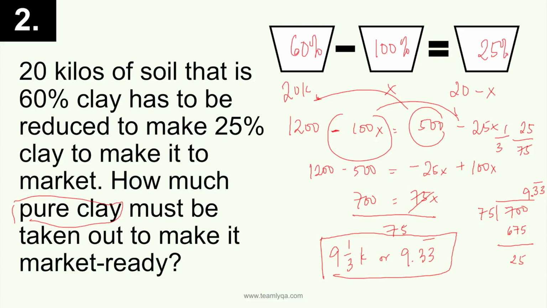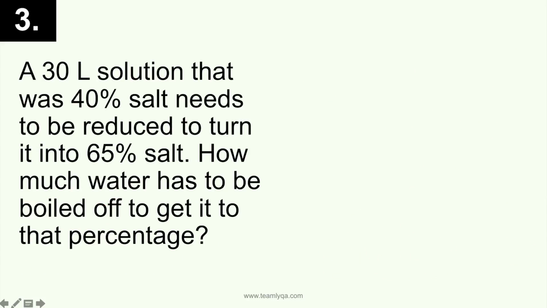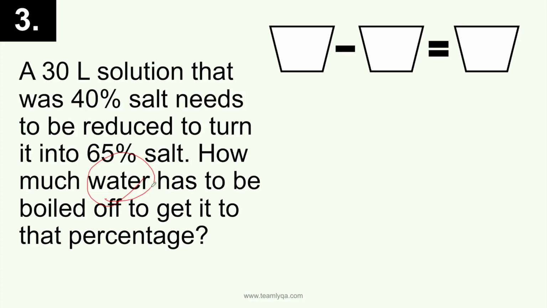Now, if you didn't, you have one more shot, yung ating number 3. So, in this case, salt na ulit tayo. 30-liter solution that was 40% salt needs to be reduced to turn it into 65% salt. How much water has to be boiled off to get it to that percentage? So, again, magbabawas tayo. Kaya lang, again, this time, pure water.